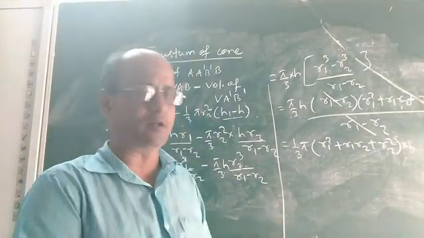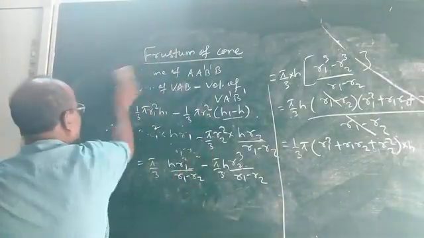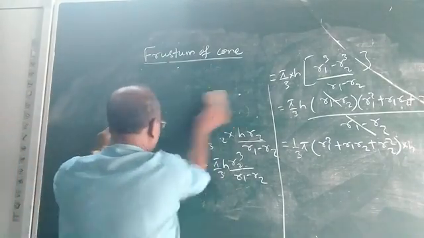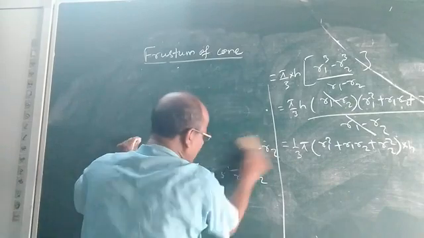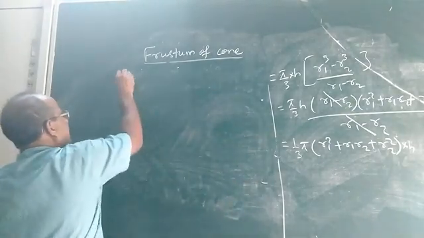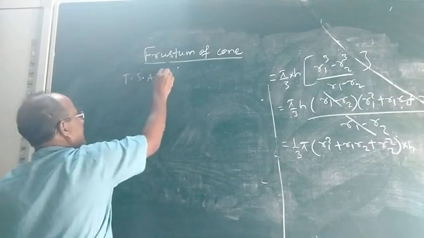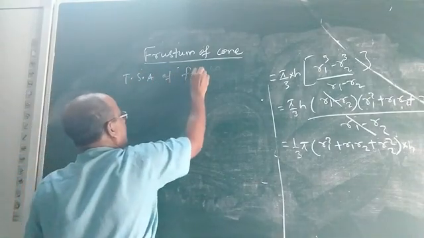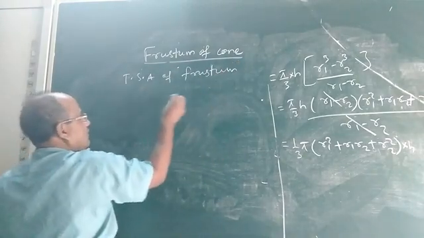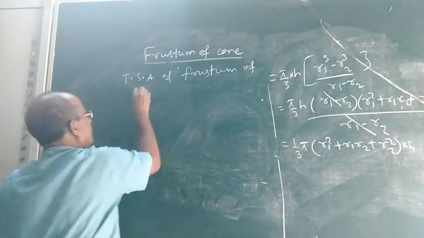Now, what is the total surface area? Let us see the formula for total surface area. Now children, as I have already told you, what does total surface area mean? You see, total surface area of a frustum of a cone. So what was the frustum?